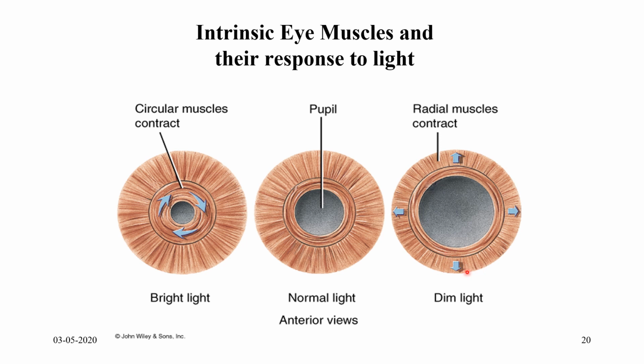In case of dim light, the radiating muscle fibers of the iris contract, increasing the diameter of the pupil.